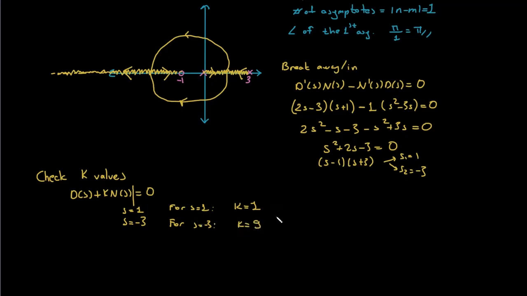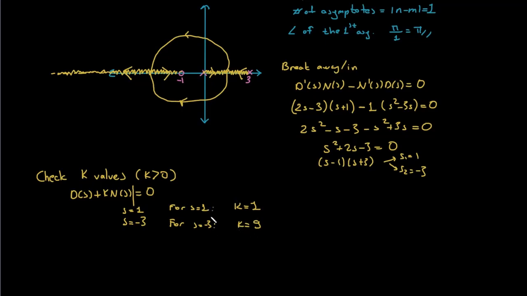So good news is that both of these k's are positive, because the k values should be positive. If we find roots which correspond to non-positive k values, then you're going to discard these points. But here in our case, we have two breakaway or break-in points, and one of them happens when k is equal to 1, the other one happens when k is equal to 9.